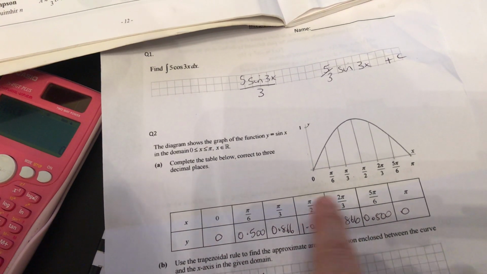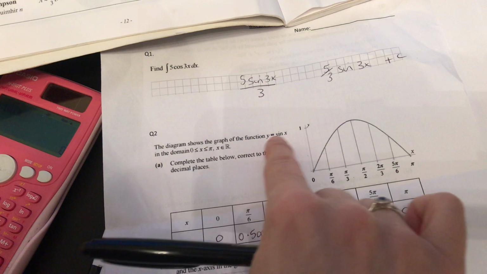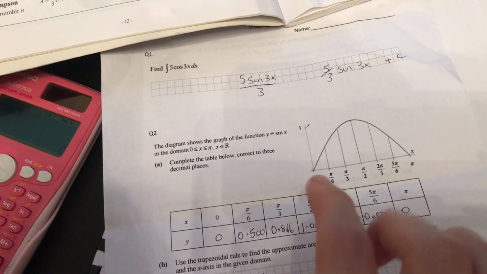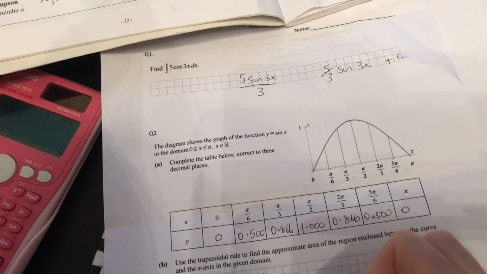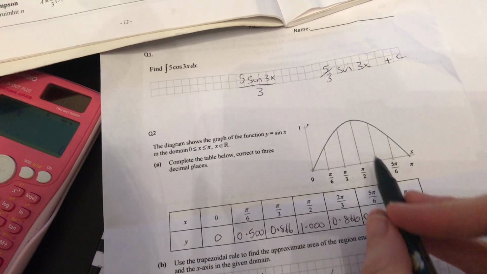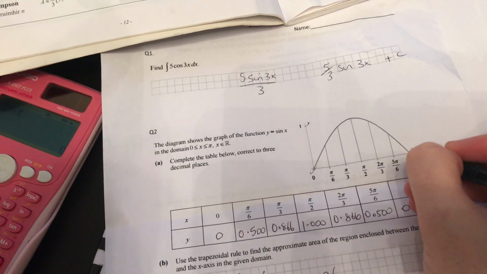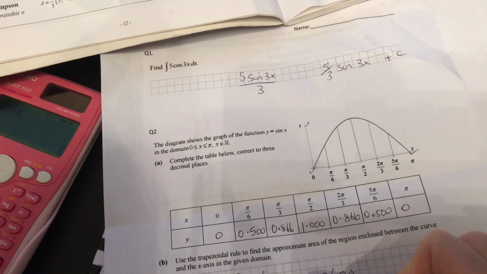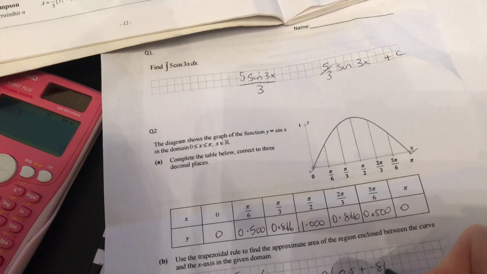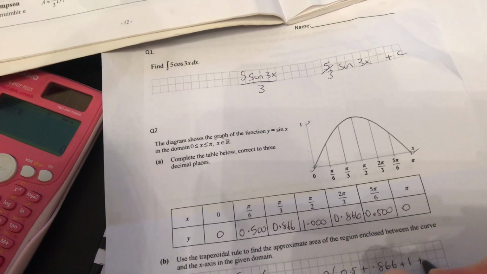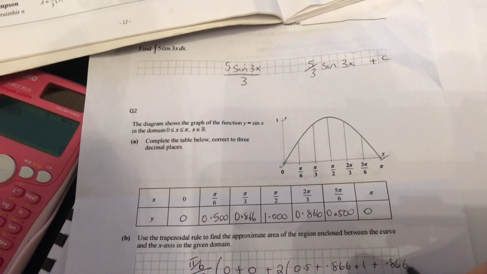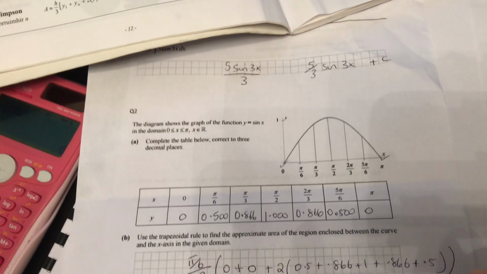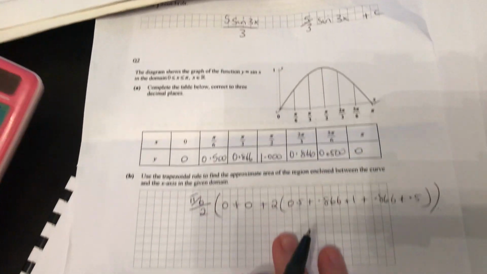This is what I was working out. The y coordinate is sine of 0, sine of pi over 6, etc. So we've done the height of this, we've done the height of this. We just need to do the height of the rest of them. 0.5 plus 0.866 plus 1 plus 0.866 plus 0.5. I should be able to just throw that into the calculator.